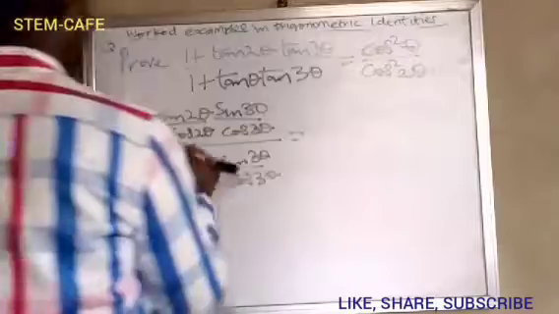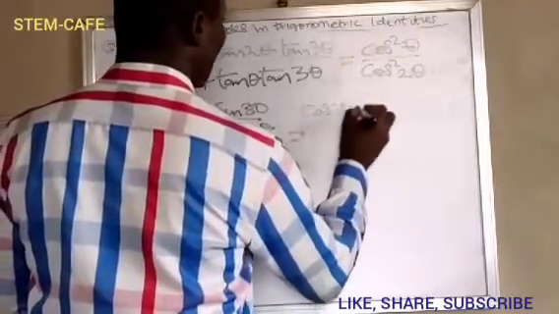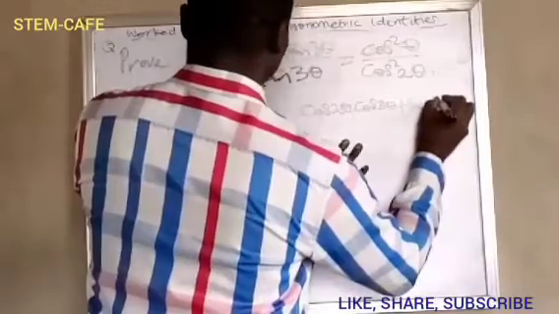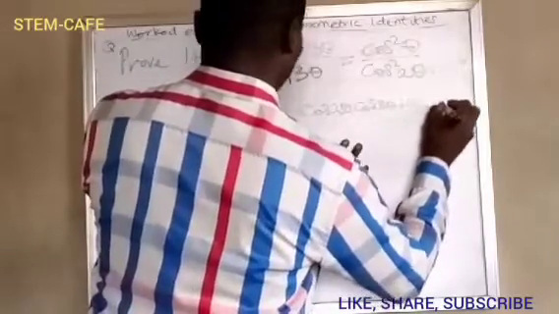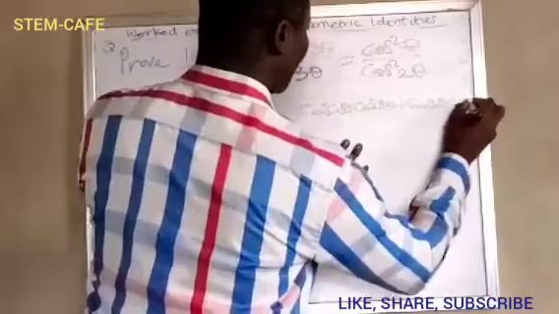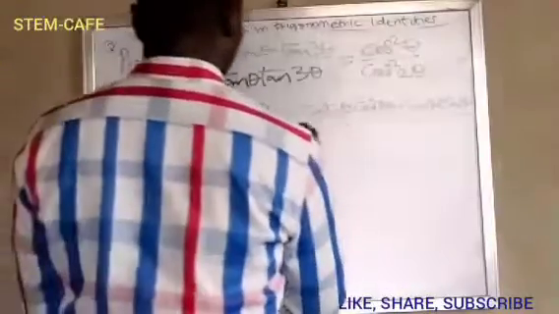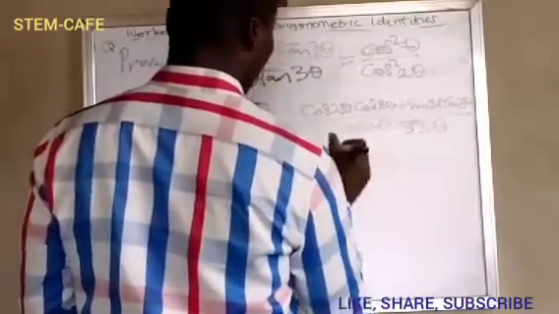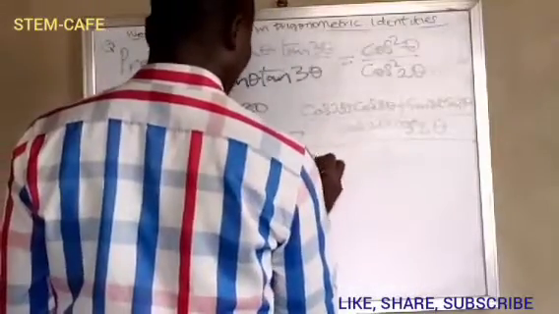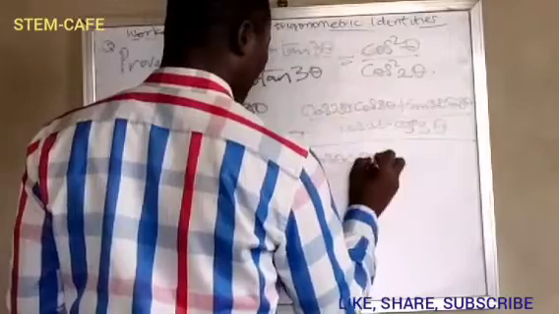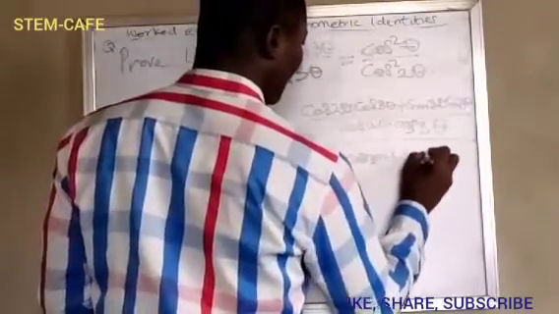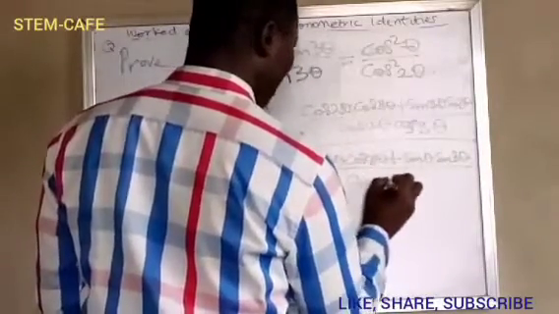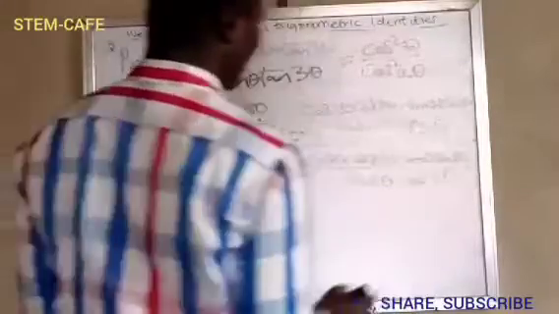So this will give me cos 2 theta cos 3 theta plus sine 2 theta sine 3 theta over cos 2 theta cos 3 theta, now over cos theta cos 3 theta plus sine theta sine 3 theta over cos theta cos 3 theta.